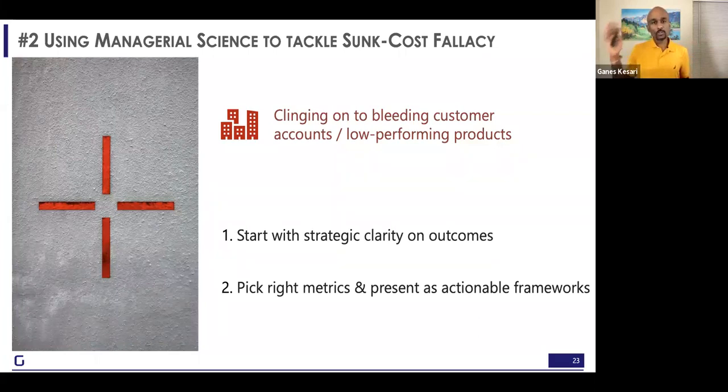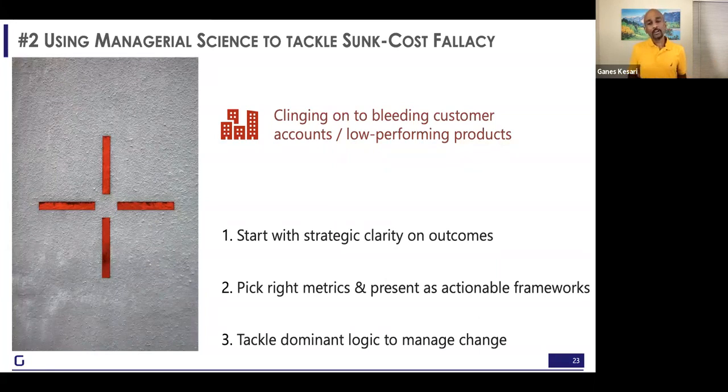Any customer who falls into the top right quadrant is growing fast and has a good margin, whereas those in the bottom left are clearly not growing fast enough and are low margin accounts. There's very little reason to cling on to them. So that's when you need to make the call of letting go of some of these, even if you've invested 5 years with these customers.